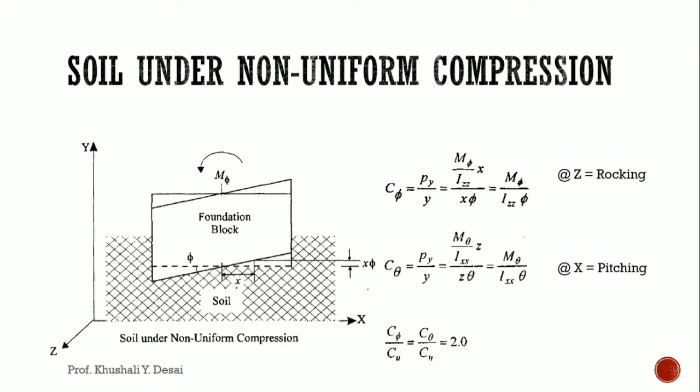Similarly, soil under non-uniform compression means uneven compression on either side. About Z, it is denoted by C phi, and about X, which is pitching, it is denoted by C theta. Both C phi and C theta are twice Cu.